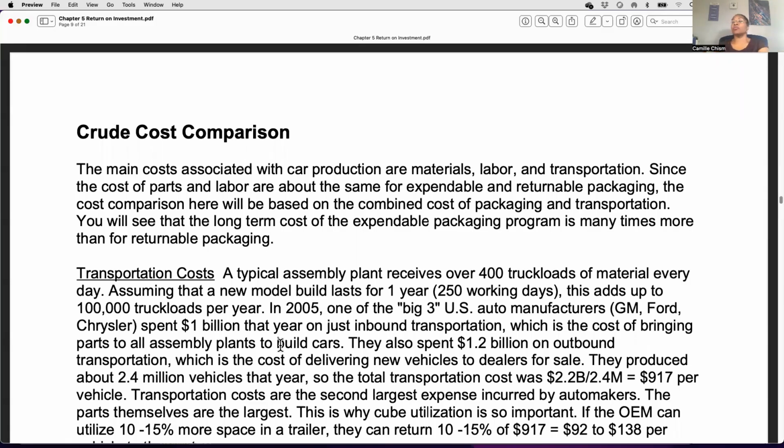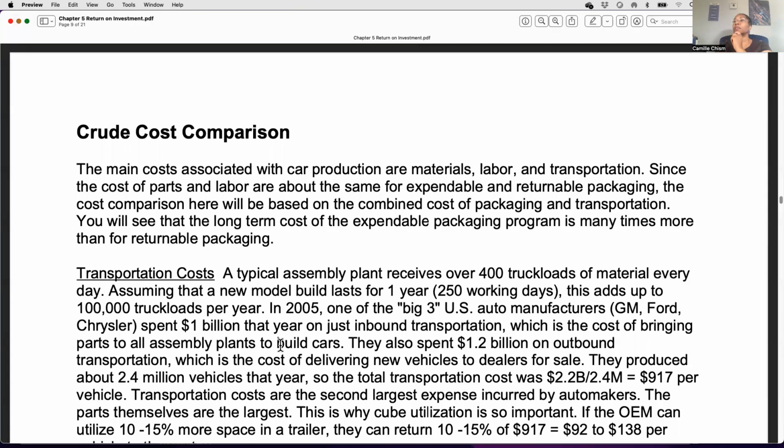So when you do your cost comparison, you probably can just take that out and look at just the cost of what it costs to transport the packaging once it's made and you're using it back and forth, as well as the cost of the packaging itself.